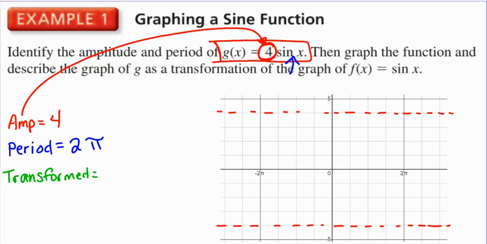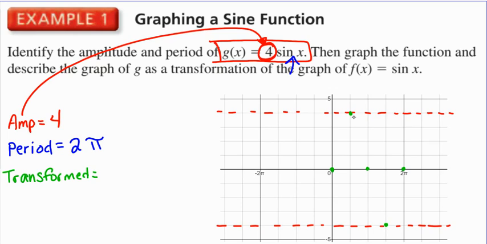okay? So I know that because this is sine, I'm going to start here. In the middle, I'm going to come back down to 0. And at the end, I'm going to come back down to 0. Okay? Halfway between the beginning and the middle, I'm going to be at the maximum point. Halfway between the middle and the end, I'm going to be at that minimum point.